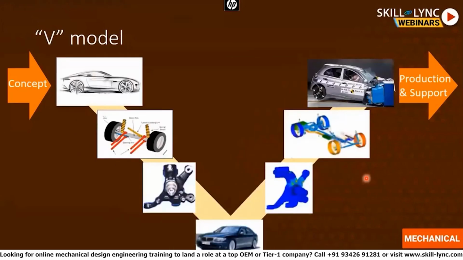A typical example of automobile development for each step. At first, the requirements should be captured in terms of drawing or the concept, whatever you develop. You decide what all the systems are that you should involve. For example, I'm producing a high-end car for Benz or Audi.